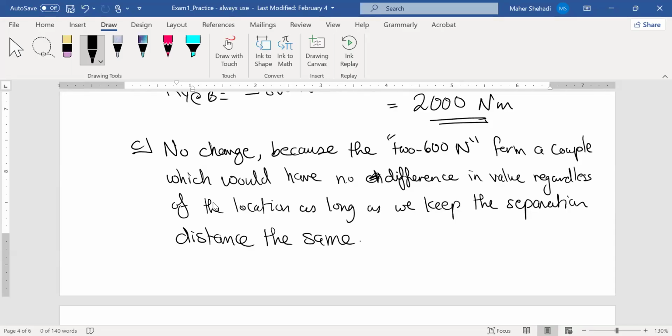Okay. So these two problems, this one and the previous one, should review the couple section. So that's chapter 3. Question number 1 should be a review for the first part of the last chapter, the equilibrium. That's how you find reaction forces.